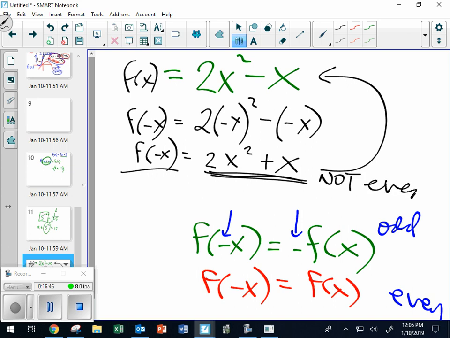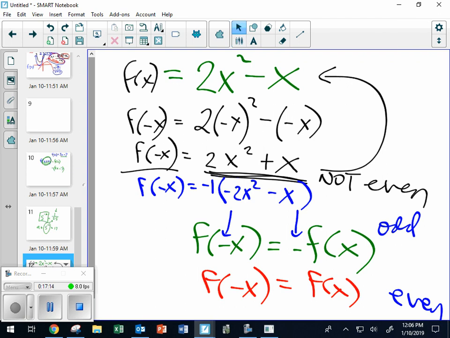You always check for even first because it's simplest. You just stick in a negative x and see if it comes out to f of x. Then, see if you remember this part. I'll make this in blue. F of negative x is equal to, I'm factoring out a negative 1. Remember that thing? Factor out a negative 1 and I end up with negative 2x squared minus x. And then, that's the odd rule. See, it's right here.